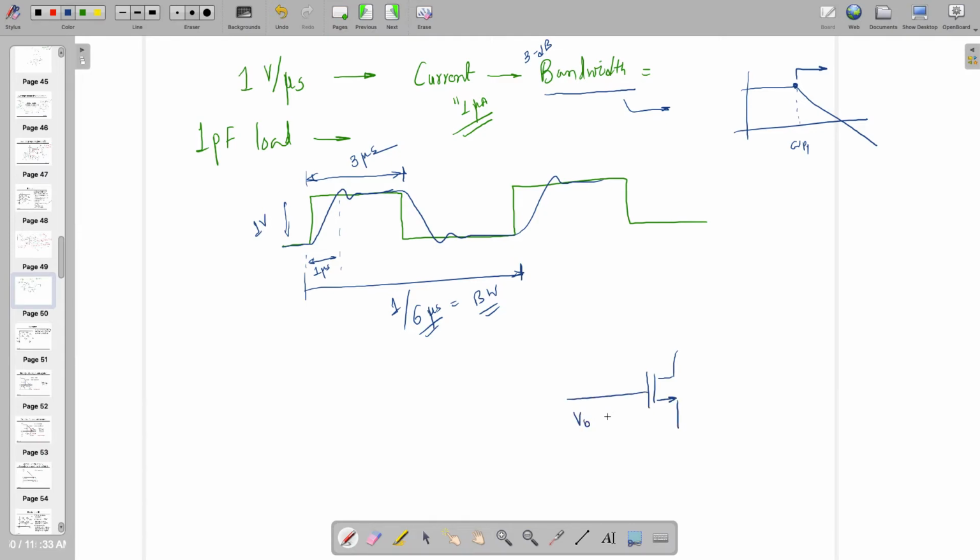So as you are saying, this is the tail current. It's a differential structure, let's say. This is the first pole, right? If I'm taking the V out from here, the current flowing through this one is I tail, which I found from here, 1 micro. I'm going to call it I tail.